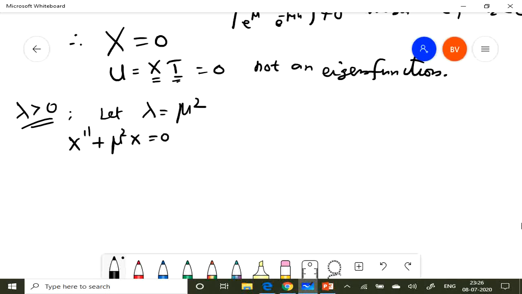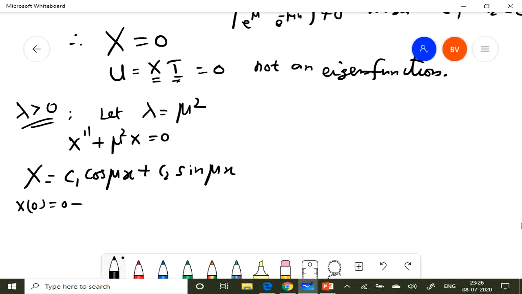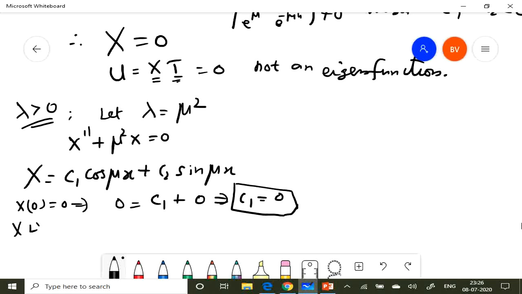So the solution of this kind of problem will be x is equal to c1 cosine mu x plus c2 sine mu x. Now again boundary condition 1, x of 0 is 0, gives c1 is 0, since cosine 0 is 1 and sine 0 is 0.